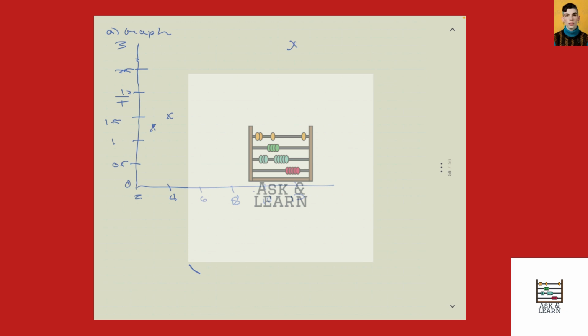Then I'm on 5.5 and a little over 1.5. I'm on 6 and 2. I'm on 8 and a little over 2. And that's close enough. And you can see this should be a straight line.